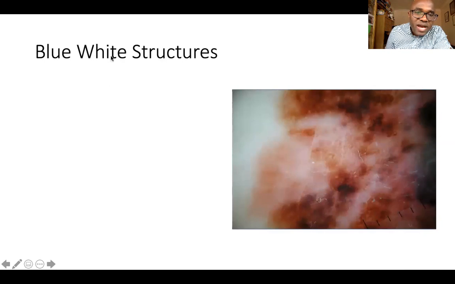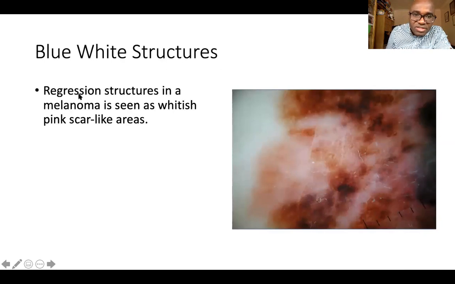So this is blue-white structures that you see in regression structures of a melanoma. So again, when you see any areas of scarring, a pinkish scarring area here, this is a melanoma. This has an atypical network because there are dark areas. There's also a bit of dark areas around the side here, and that's not nice.